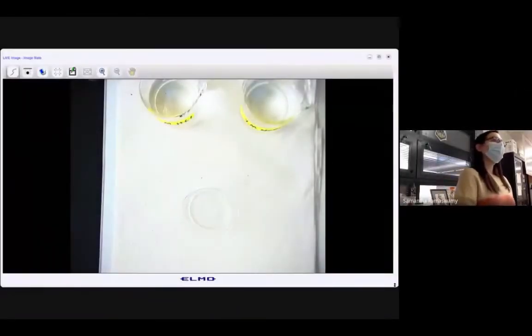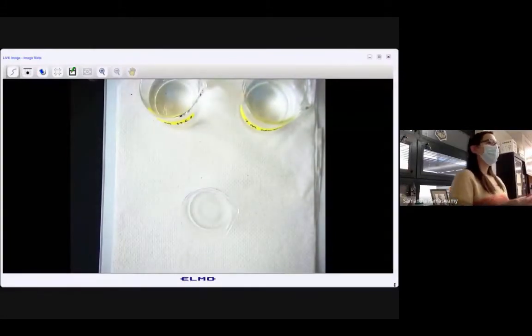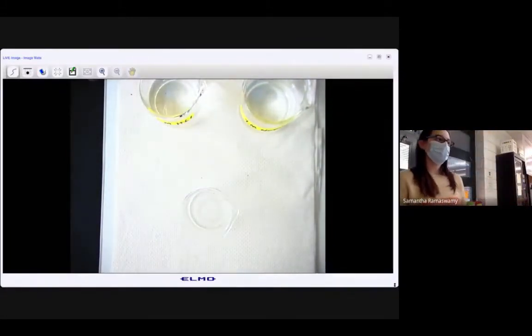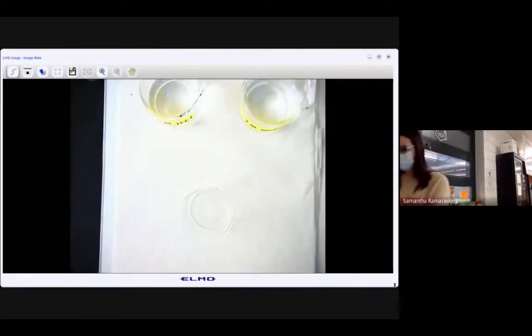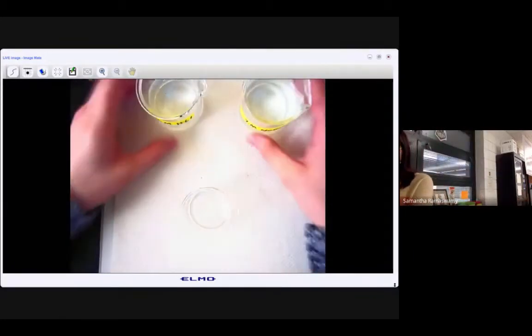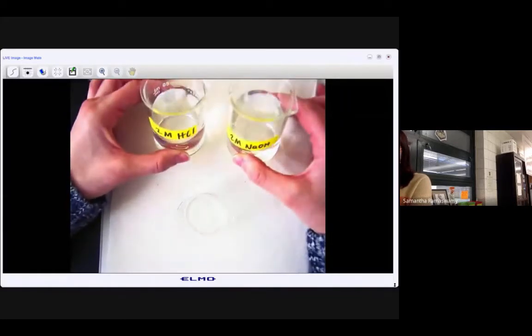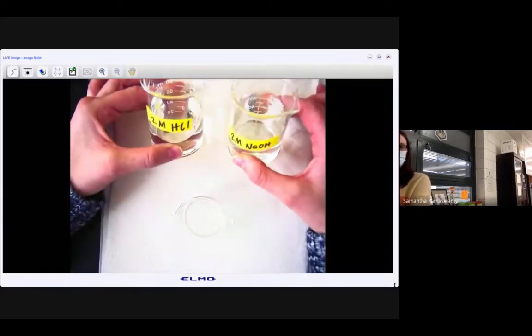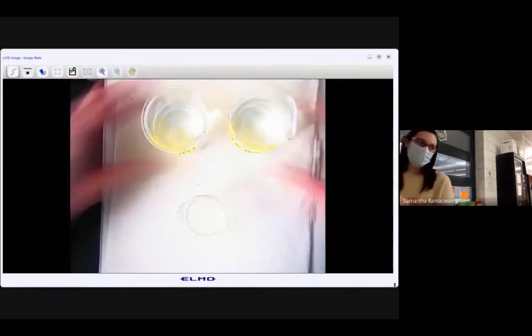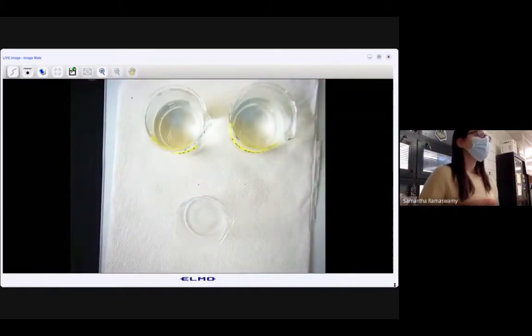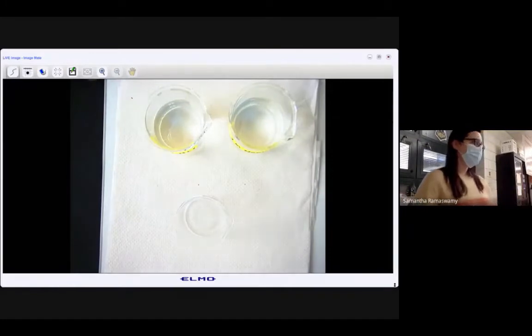Before we get into examples, I want to do a review of acids and bases. On the document camera, I have two substances, and I'm not going to tip them over completely because I don't want them to pour out. I have HCl and I have NaOH. One of the questions from the video was about the Arrhenius definition: do acids always start with H and bases end with OH?